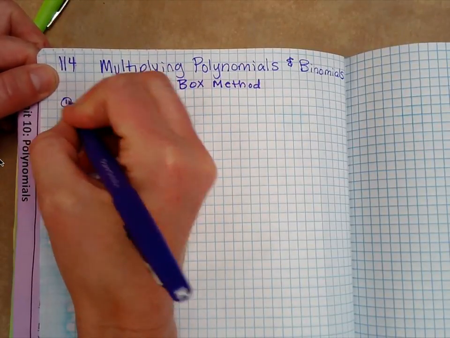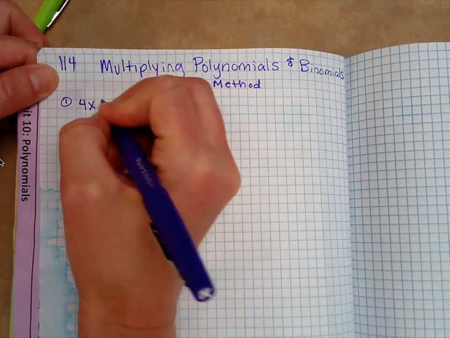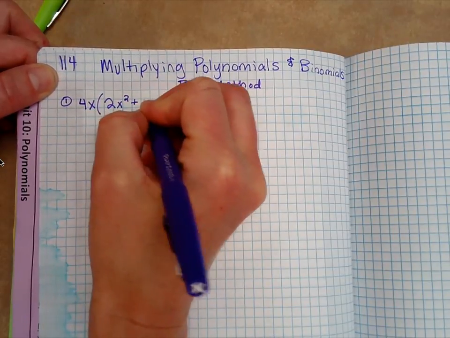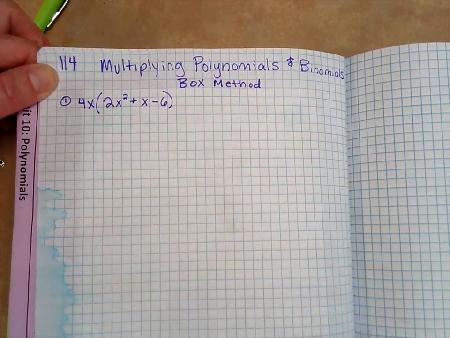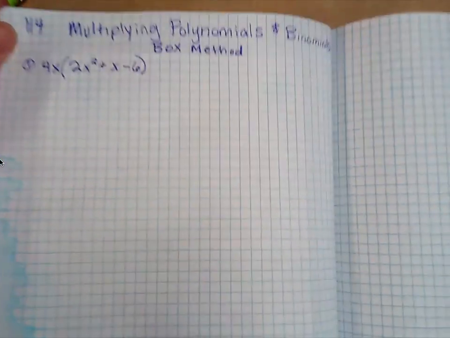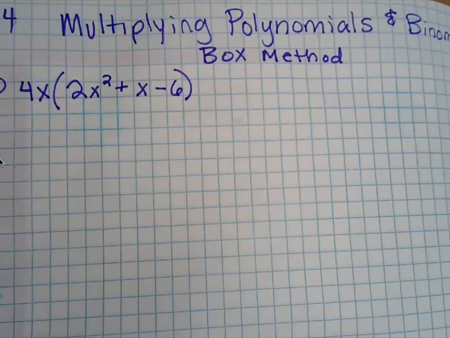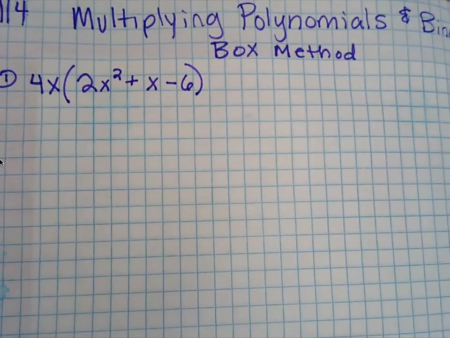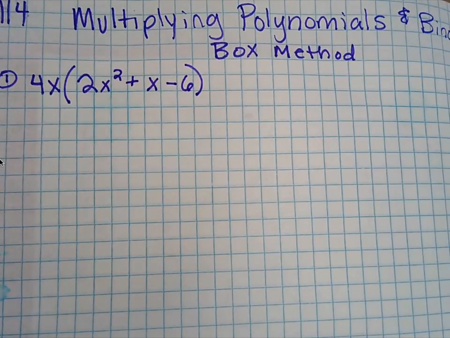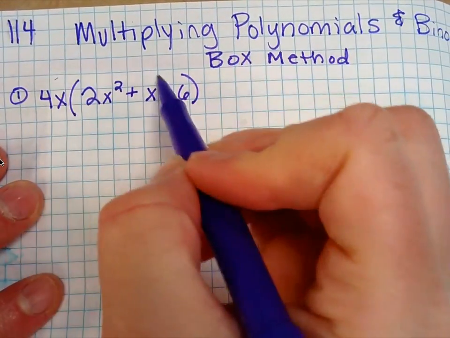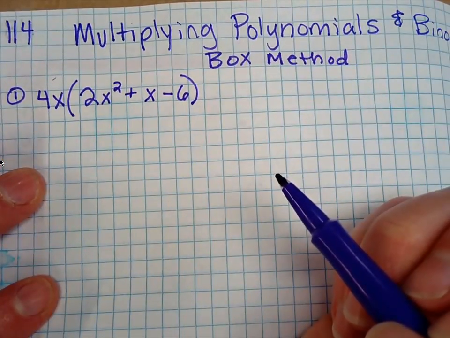So our first example is 4x times (2x squared plus x minus 6). One method that we've already done is distributing, where you distribute and combine like terms that way.